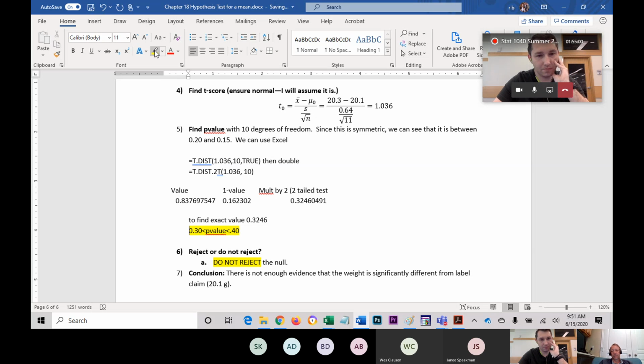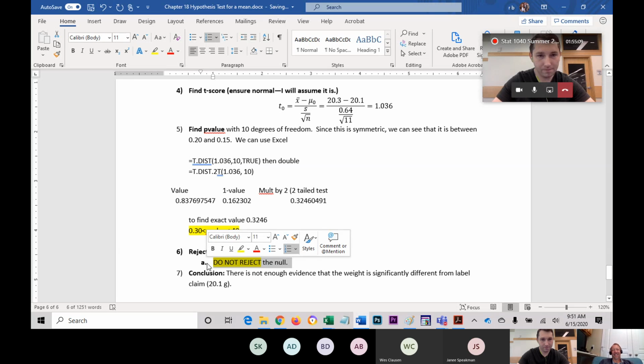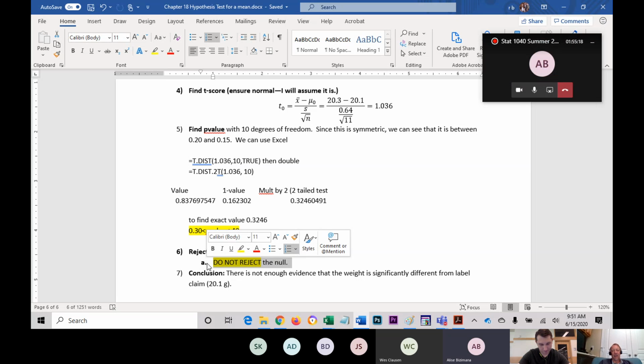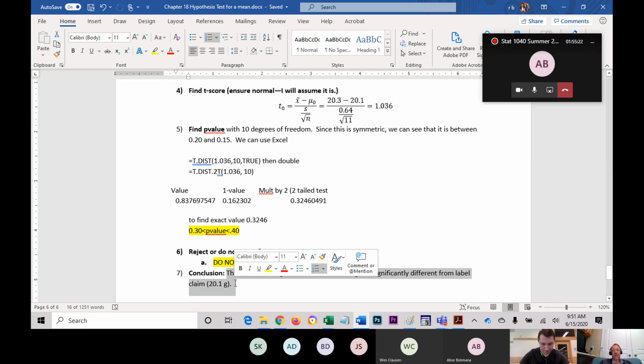Okay. And Elise knows that that means we do not reject the null, right? Do you know that, Elise? Yes. Okay. And your conclusion: there is not enough evidence that the weights differ significantly from the label.